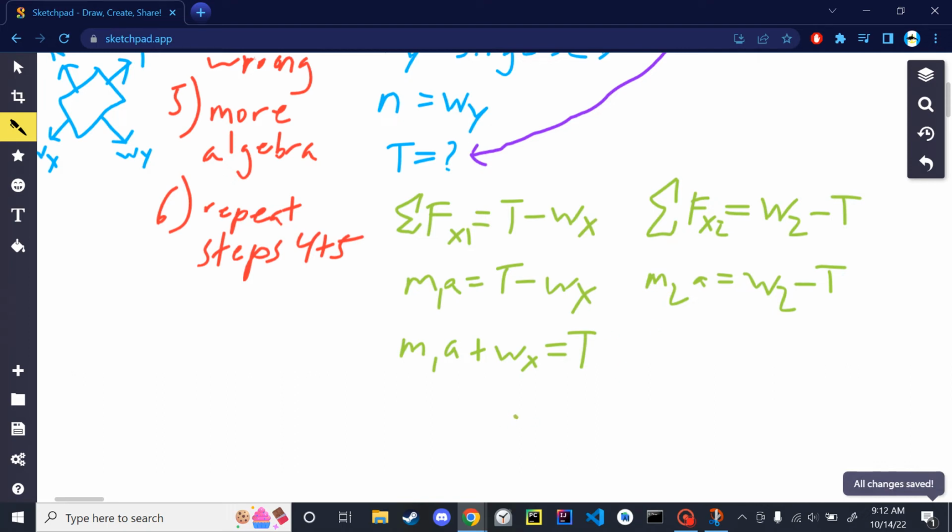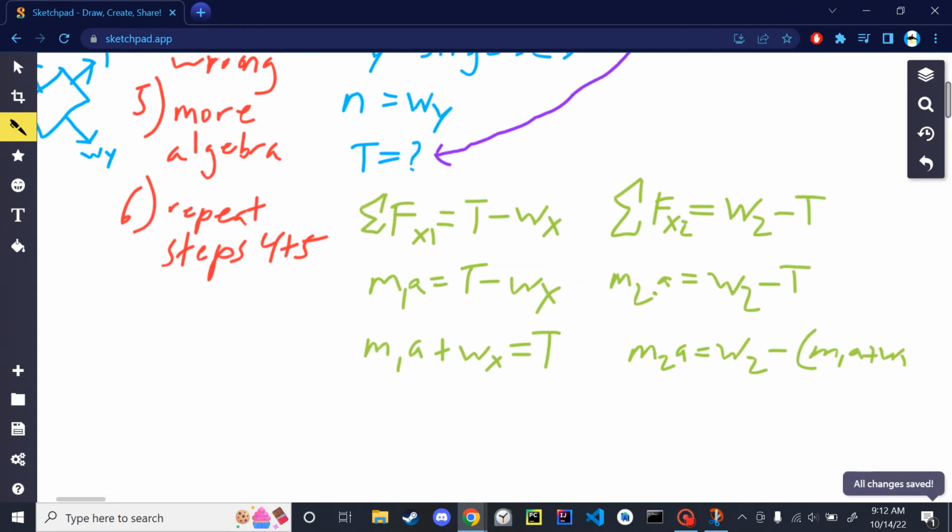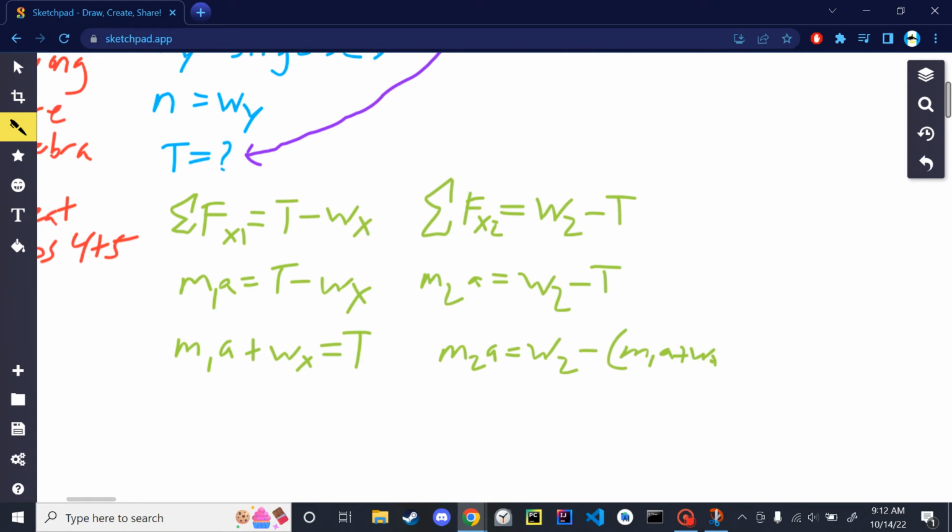Plug in tension, so m2a is equal to W2 minus m1a plus Wx. Yeah, I got different signs on the last one.